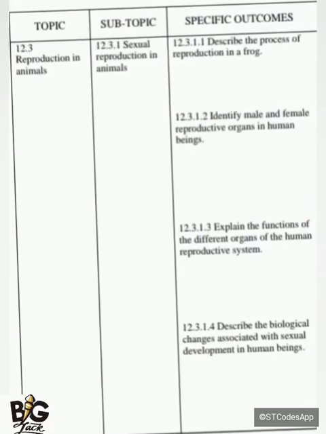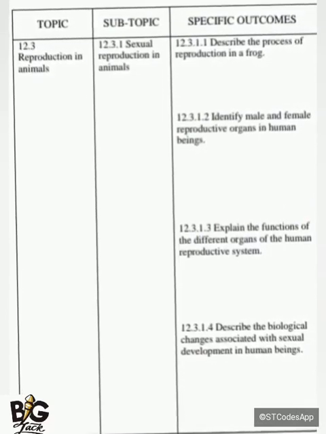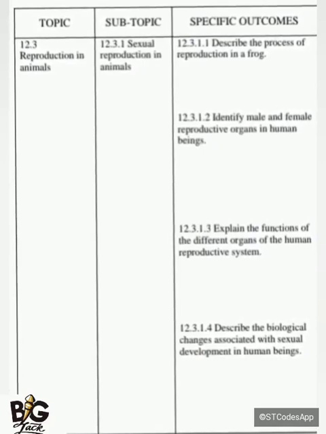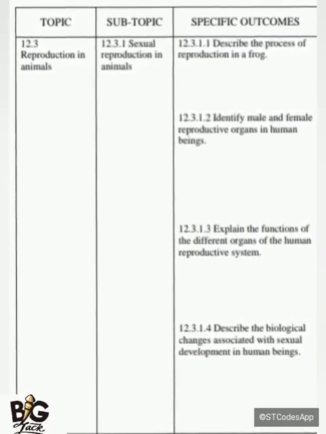Apart from that, they can ask you to identify male and female reproductive organs in human beings. They can ask you to explain the functions of the different organs of the human reproductive system. They can also ask you to describe the biological changes associated with sexual development in human beings.